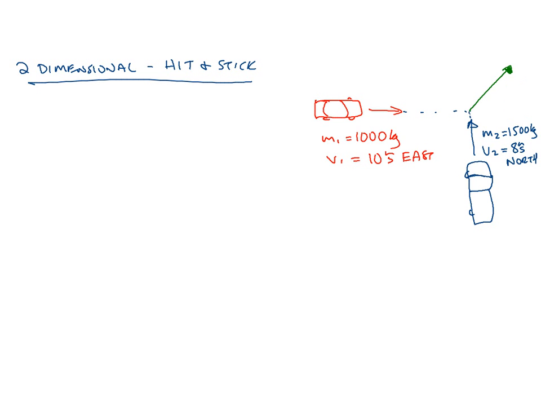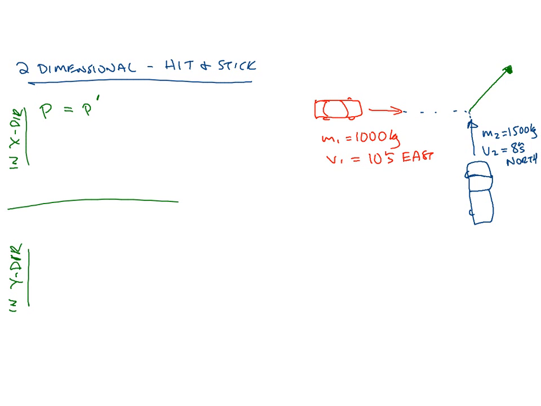So what we do is we come in here and we say, well, I know that momentum has to be conserved, like that, but I want to make sure that that happens in the x direction, and then I'm going to have to do it again in the y direction. Okay? So I'm going to end up doing this twice.